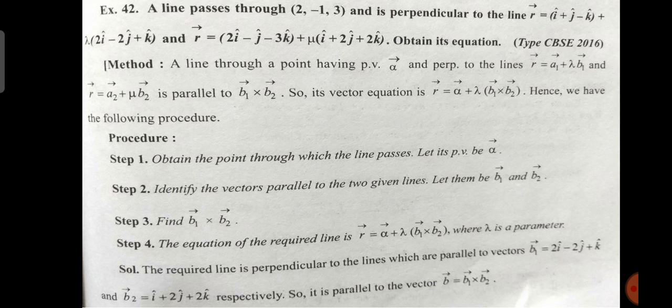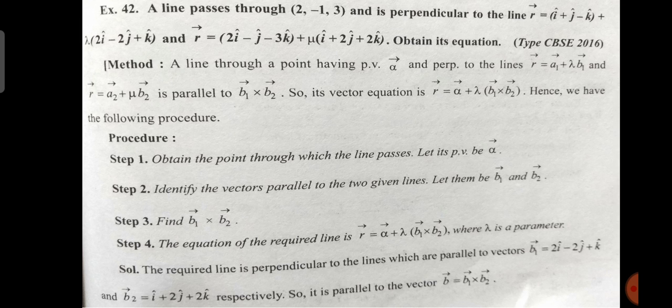You have to obtain the point through which the line passes, that is, the position vector, here named vector alpha. Before that, a method is given. Look at that method.